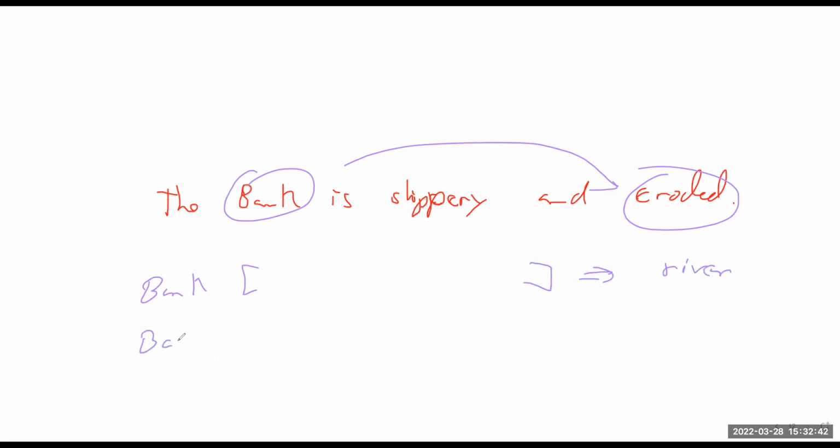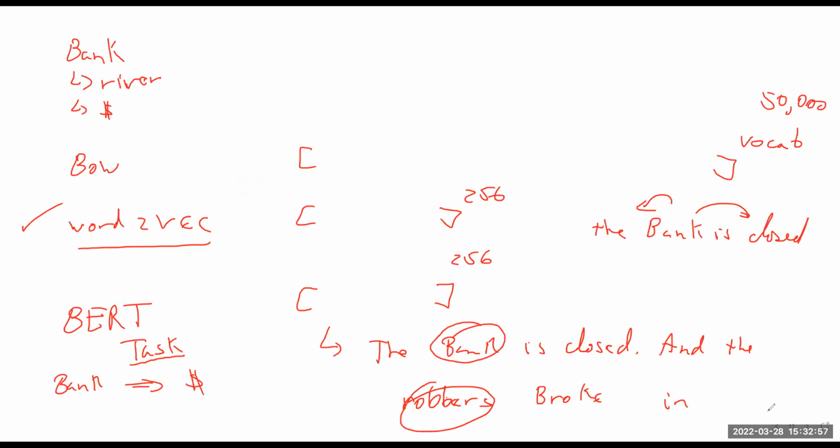Whereas in the previous example, the bank vector, both of them of 256, let's say, reflects more banks. Do you guys understand the difference? Yes. So that's the difference.